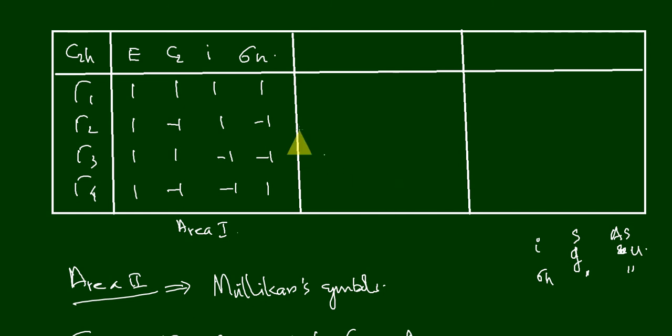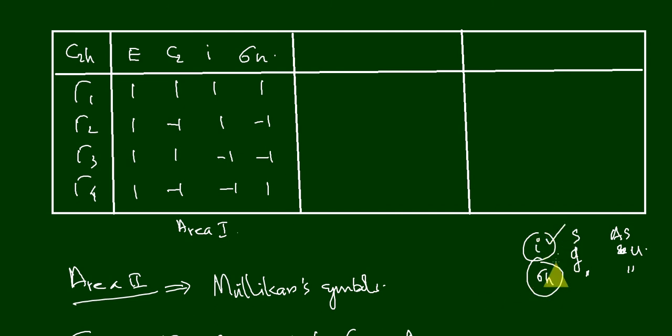Okay. We have both I and sigma h here. So what you will give? You will give GU prime and double prime? No. Then you have to remember, we learned that in that case there is a preferential rule. If I and sigma h both are present in a point group, then preference is given to I only.